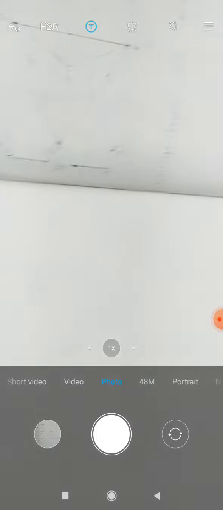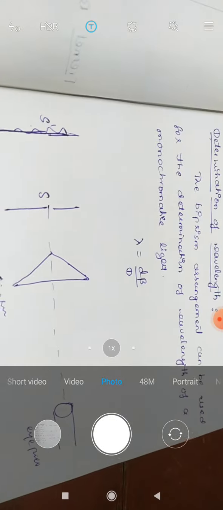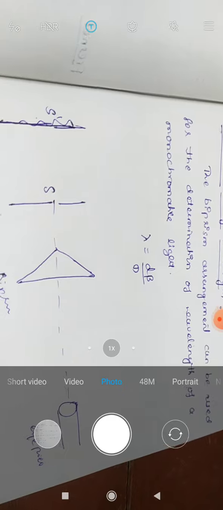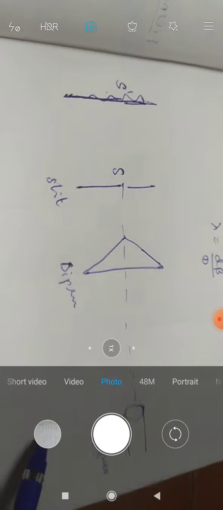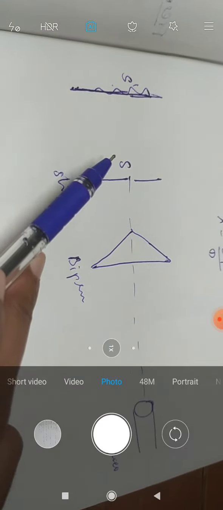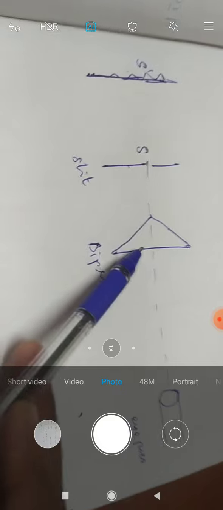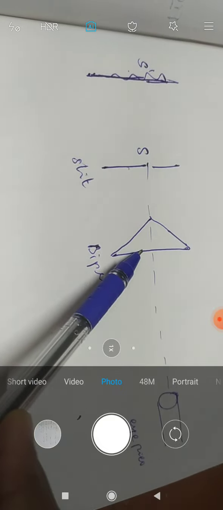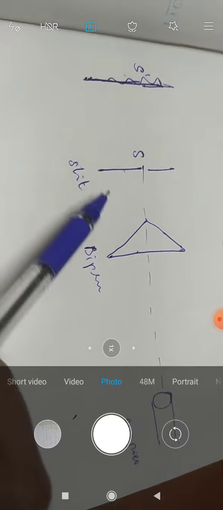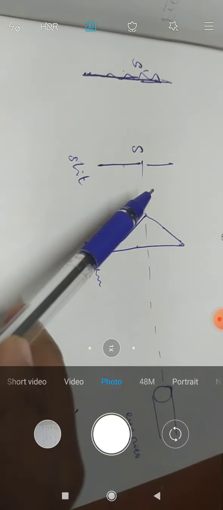Next, determination of the wavelength of the monochromatic light by using the biprism. Observe the diagram here. The narrow vertical slit S, of adjustable width, is mounted on the optical bench at one end, and it is illuminated by a monochromatic source of light. The biprism is mounted close to the slit with its refracting edge parallel to the slit and facing it.